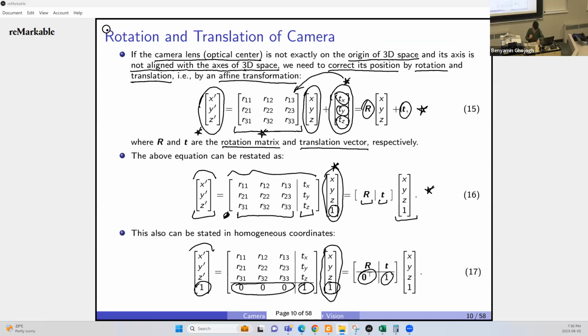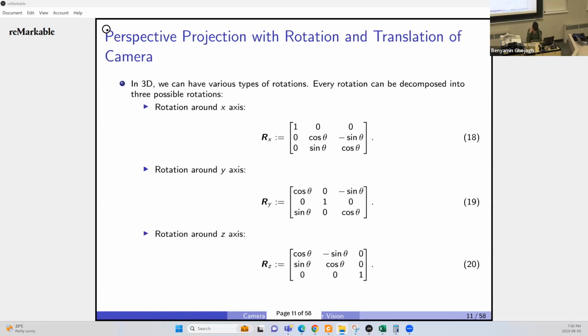We'll get back to equation 17. But let's talk about the rotation. So in 3D, we can have various types of rotations. We can have different types, okay? Every rotation can be decomposed into 3 possible rotations. We have 3 possible pure rotations, okay? Either it's around the x-axis, or y-axis, or z-axis.